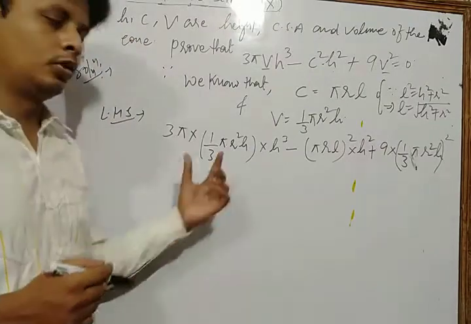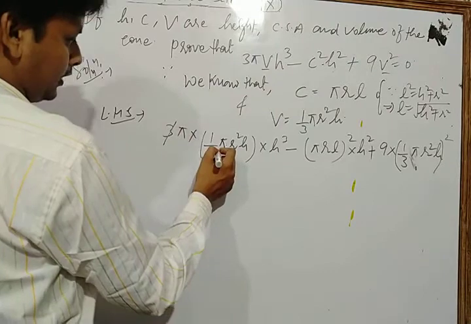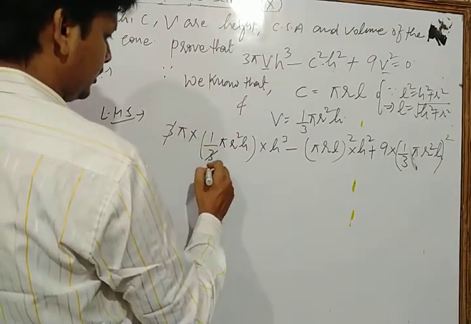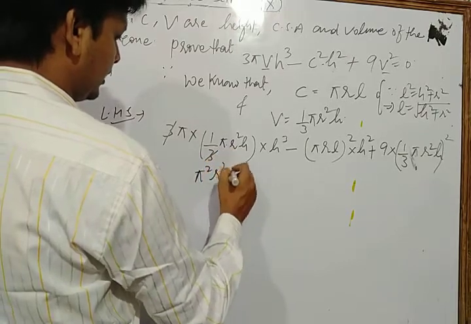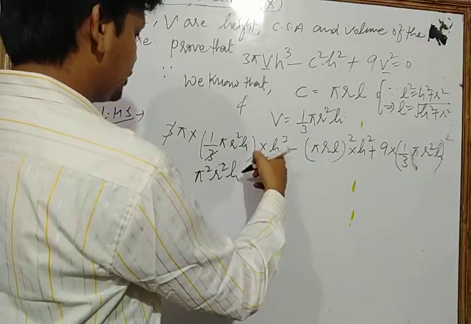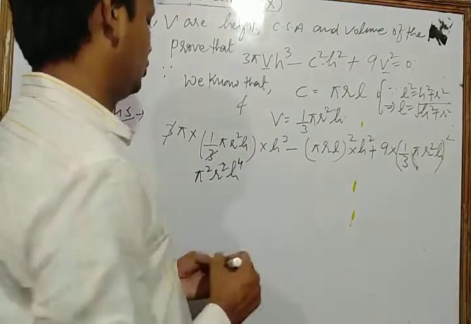Now let's simplify each part. The 3 cancels, so here we get pi square R square into H, and here H cube also. So H into H cube is H to the power 4.